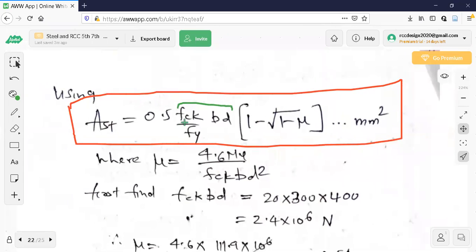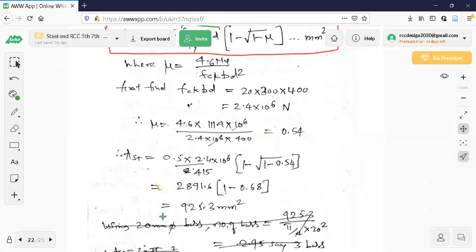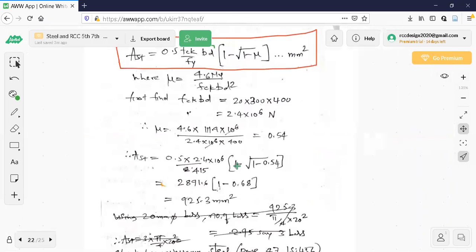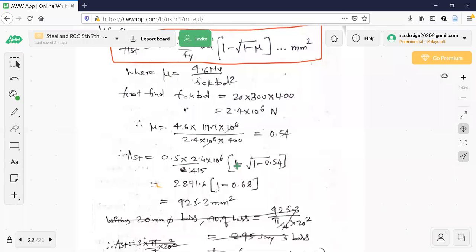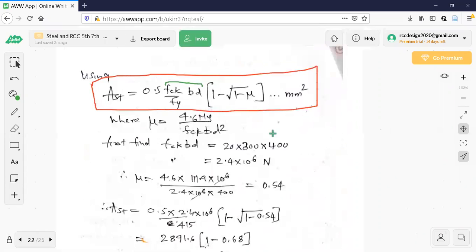So there AST will have two values. One of them will be 925.3, and one more value will be there. You have to choose one out of those, and usually the higher value is used. That I will show you later on. Later on, if you want to use the codebook formula to find AST, I will show you that also. Here, let us worry about this formula.